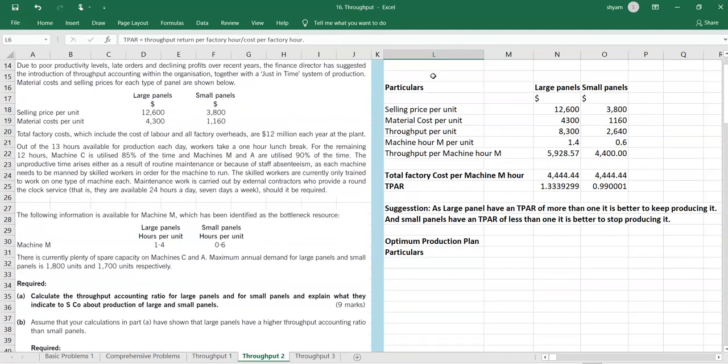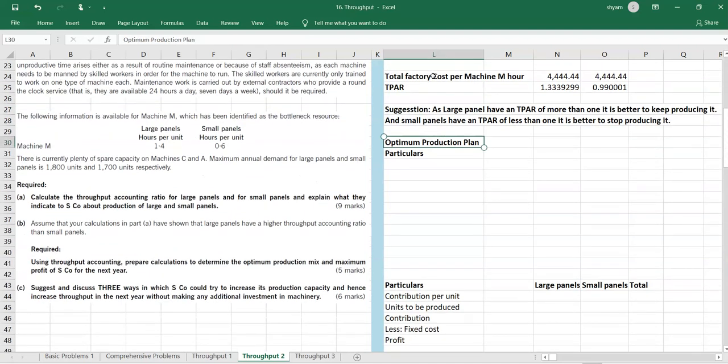So we'll move on to the B part of the question. So we go to the B part. Assume that your calculations in part A have shown that large panels have a higher throughput accounting ratio than small panels.